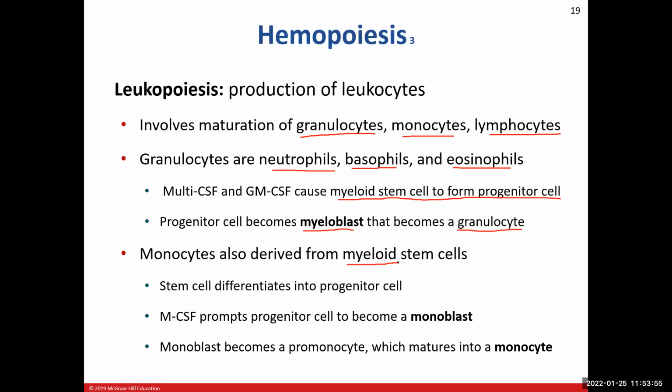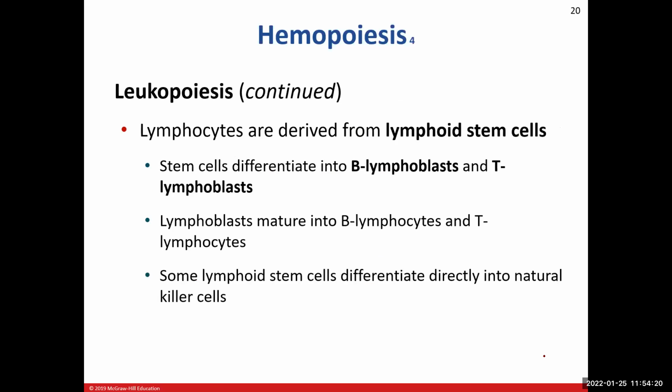Once the monocyte colony stimulating factor is released, that will tell the progenitor cell to become a monoblast. That monoblast will eventually become a monocyte, and that monocyte will eventually become a macrophage.